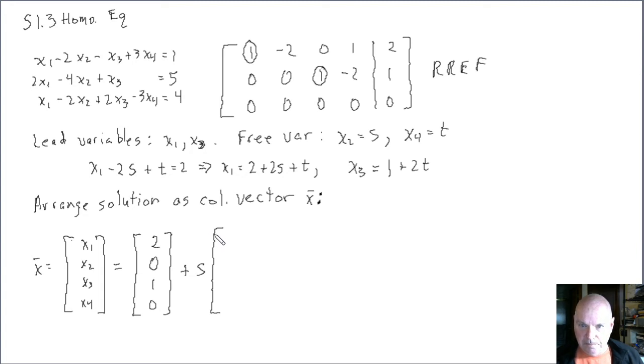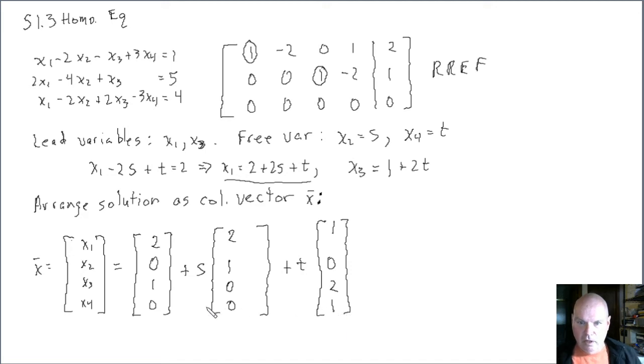So x1 is 2 plus 2s plus t. x2 is my free variable, so it's just equal to s. x3 is 1 plus 2t, so there is no s part. And finally, x4 is just equal to my free variable t.